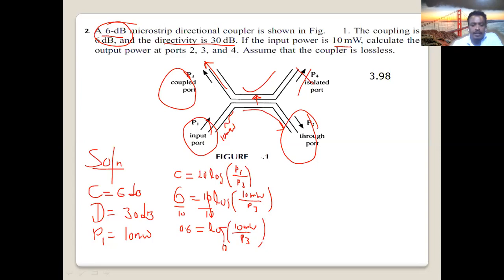So again, 10 to the power of 0.6 is equal to, now the logarithm is cancelled, so we have 10 milliwatt divided by P3. So how much is 10 to the power of 0.6? It is 3.98.